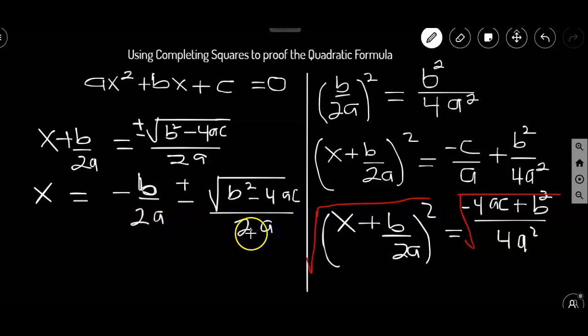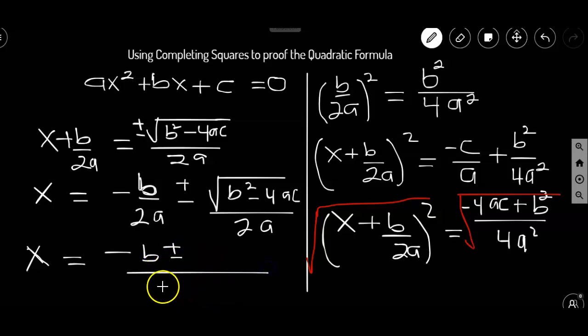We realize that all of them have the same denominator, so we can bring all of them together. So x is equal to negative b plus or minus, I'm going to bring all of them under the same 2a.